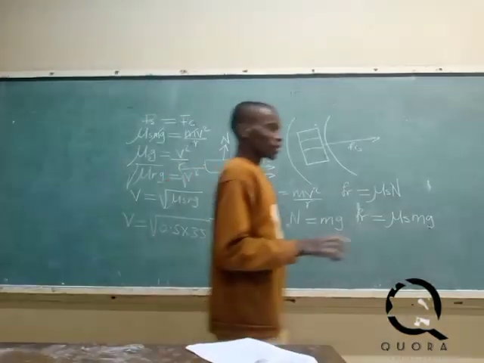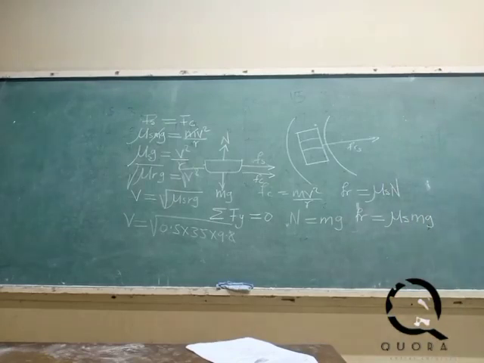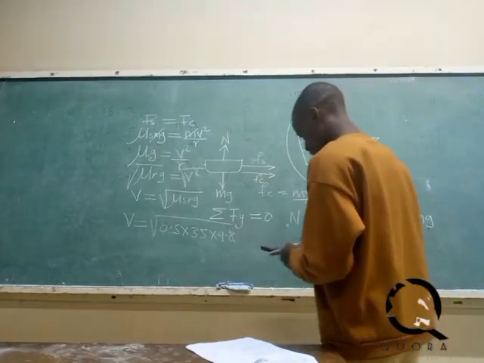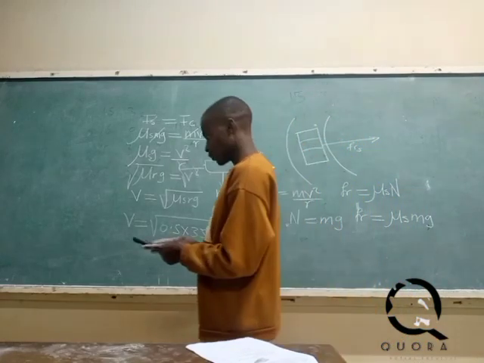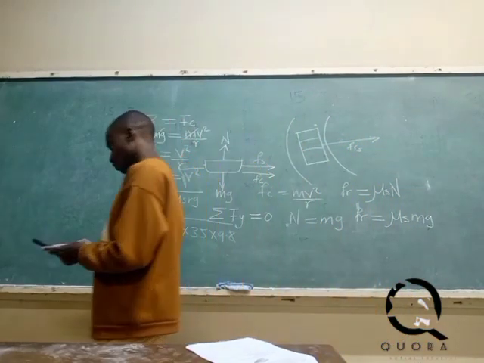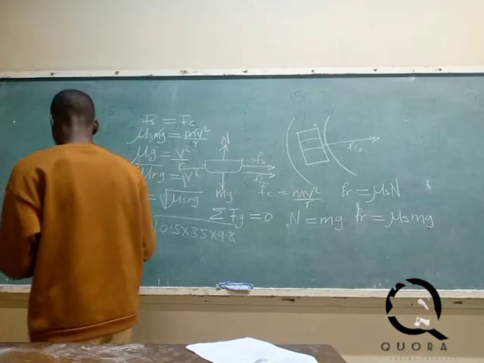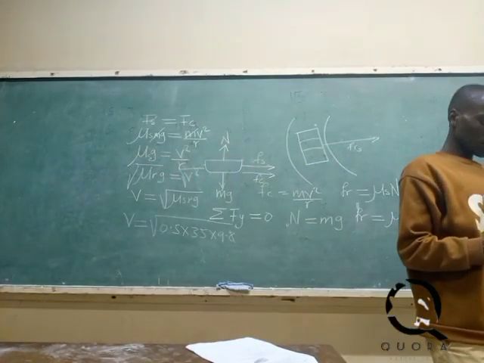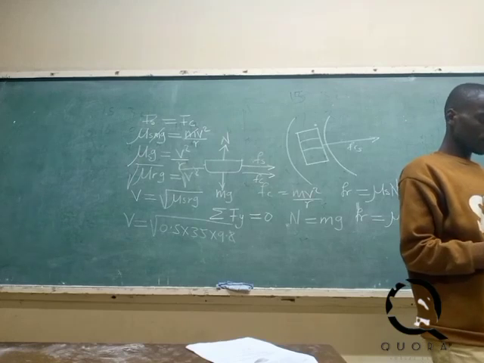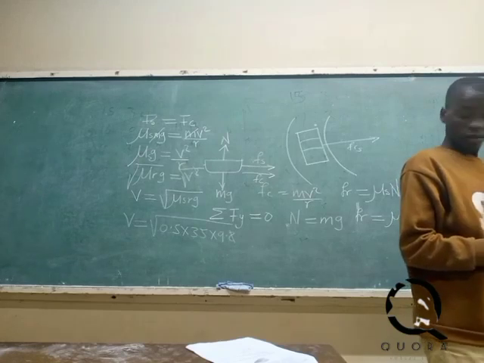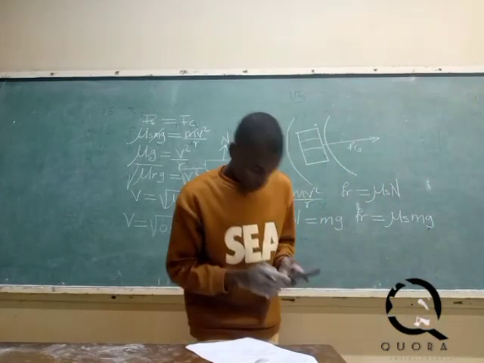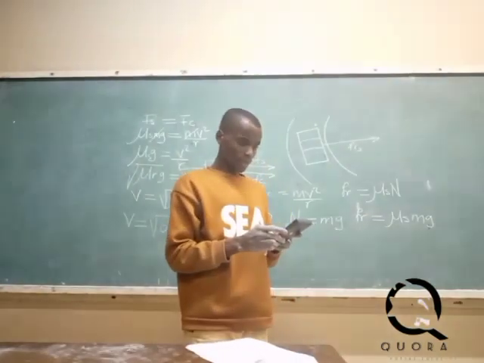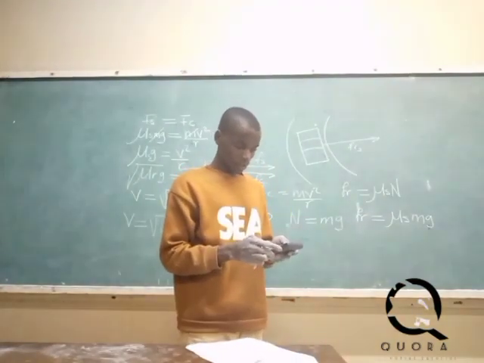Then we punch this on the calculator. What answer are we going to get? 0.5 multiplied by 35 multiplied by 9.8, then you square root the answer.